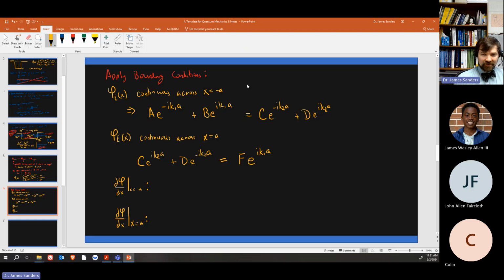These right here are what we would just say psi of x evaluated at x equals minus a. And this one right here we would call psi of x evaluated at x is plus a, for what it's worth.